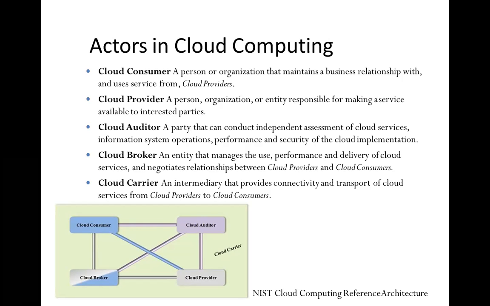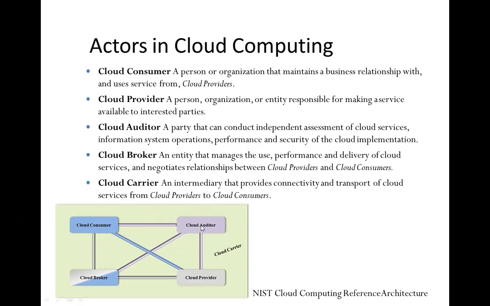So cloud carrier is basically a technology, or we can say the internet, or any kind of medium that provides the services of the provider to the consumer. So here in the diagram you can see we have a cloud consumer. Cloud consumer interacts with the cloud broker, cloud provider, and can check the information from the cloud auditor.